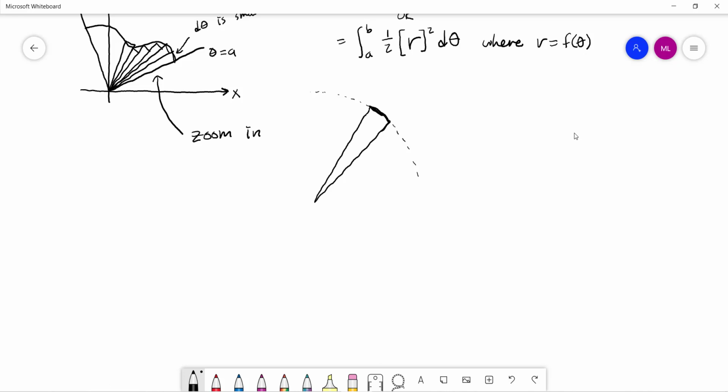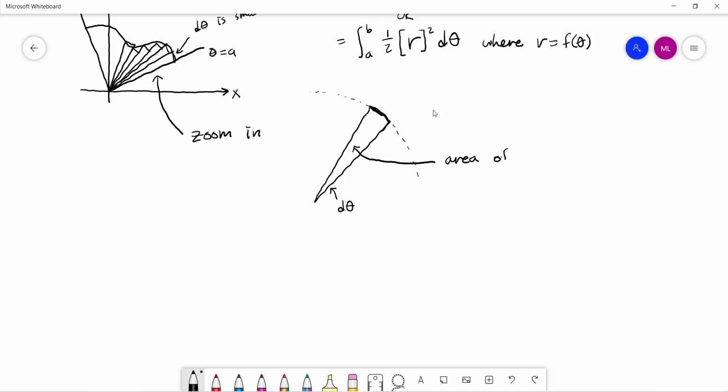The angle that we're using here is some little tiny d theta. And what we're going to pick is just one r value. If we shrink d theta small enough, eventually this side and this side will converge and we'll have one specific value. So what is the area of this little section?